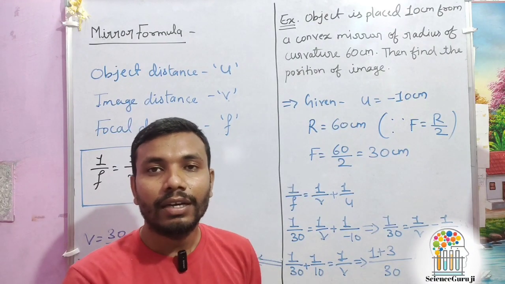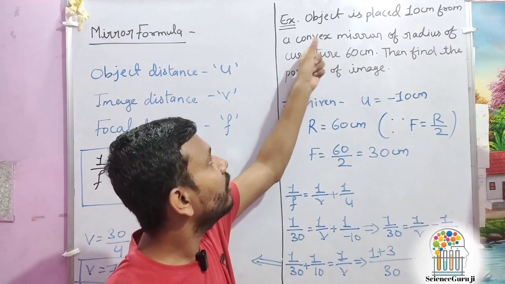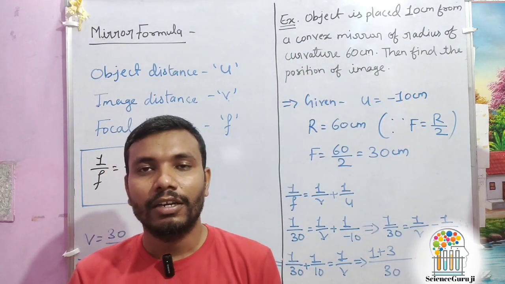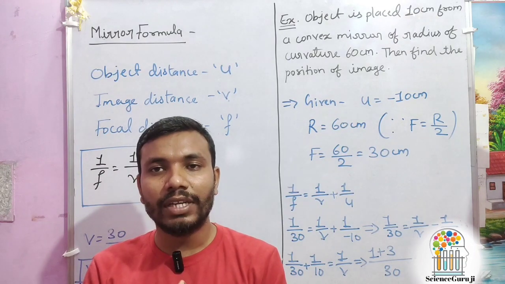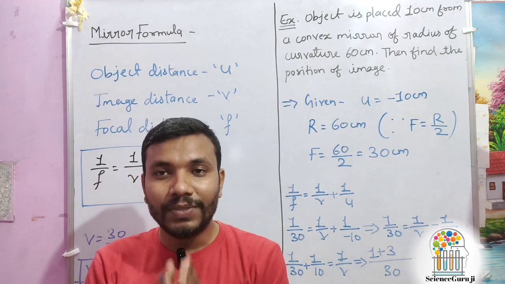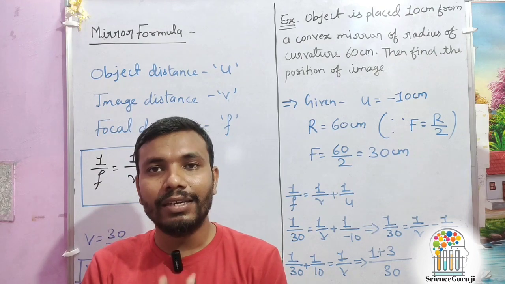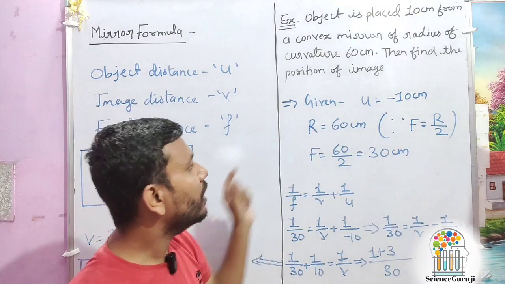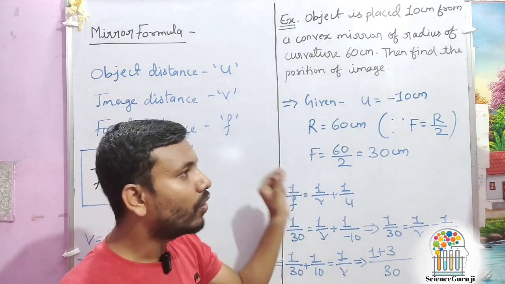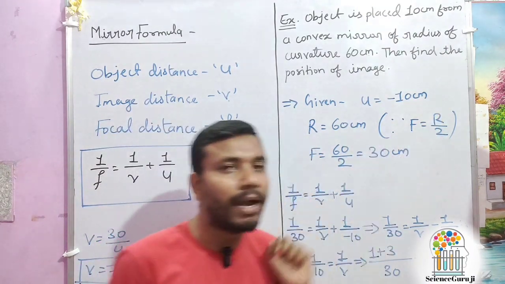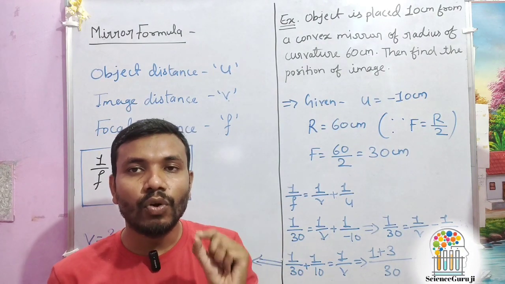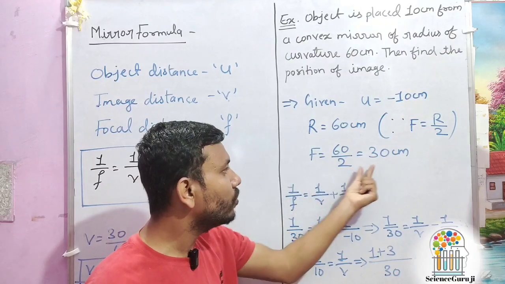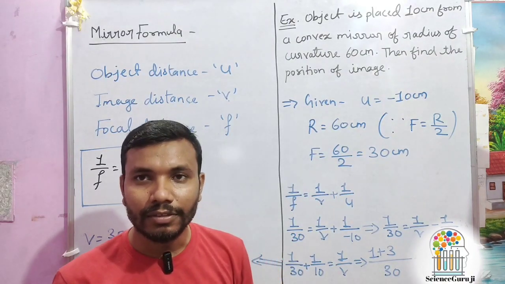Because the question is given for a convex mirror, and for any spherical mirror, not only the convex mirror, the object distance is always taken as negative. Second, we are given the radius of curvature R, and by the formula f is equal to R by 2 we can find the focal distance. So our focal distance is 60 upon 2, that is 30 centimeter.